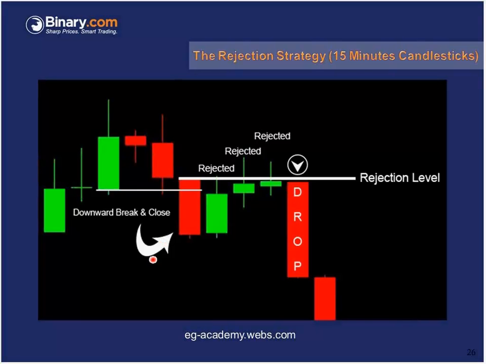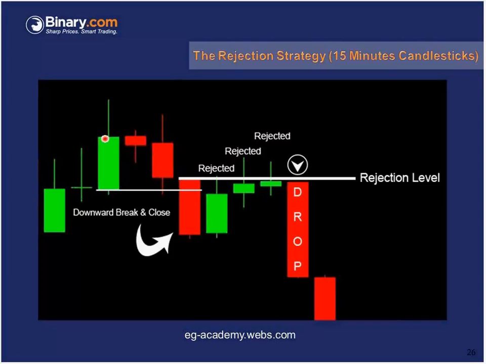Once this occurs, we wait for a pullback and for price to get rejected, the first green candle to be rejected at the start of the candle, which had shifted the momentum by closing below the last green bar. The green bar closed here, and this one closed here.